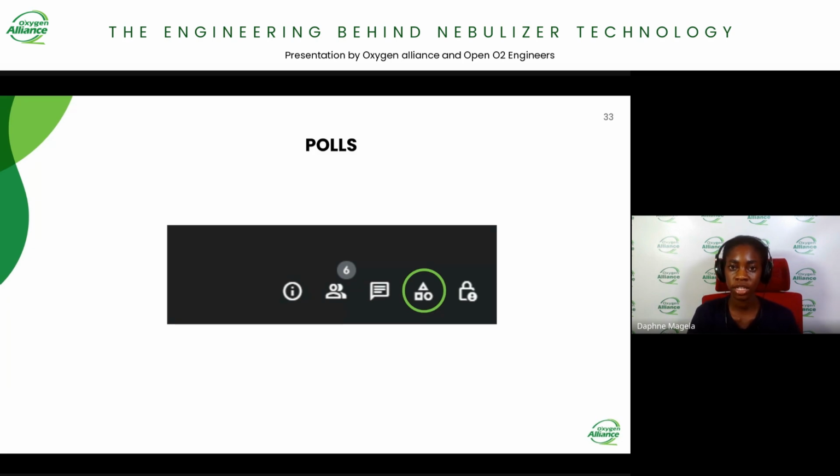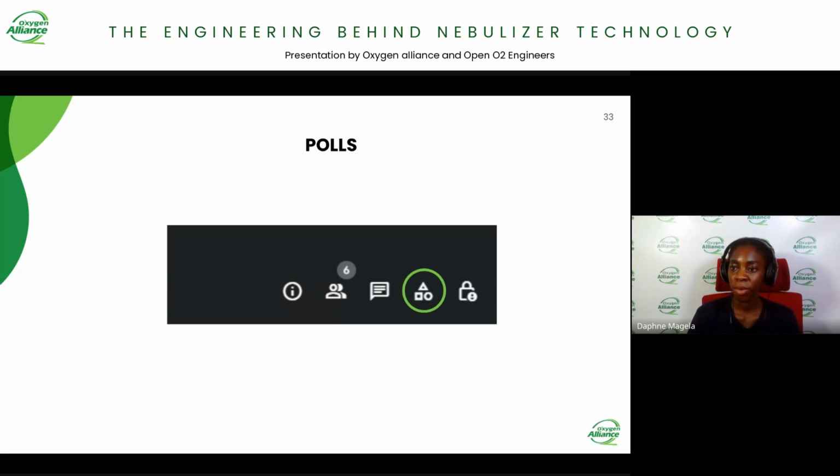Just go under activities and check the polls, and then you'll be able to provide a reply. So the first poll is, which of the following is the major component of a jet nebulizer? Compressor unit, mask, both, not sure. We'll wait for a few seconds to allow people to vote, and then we'll check the result.